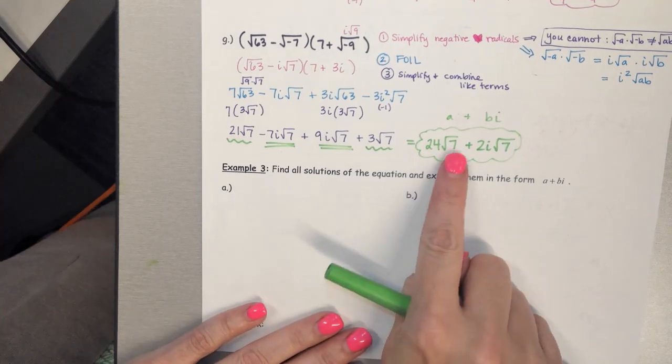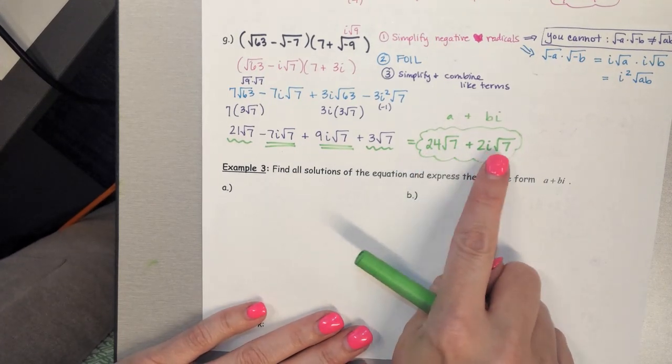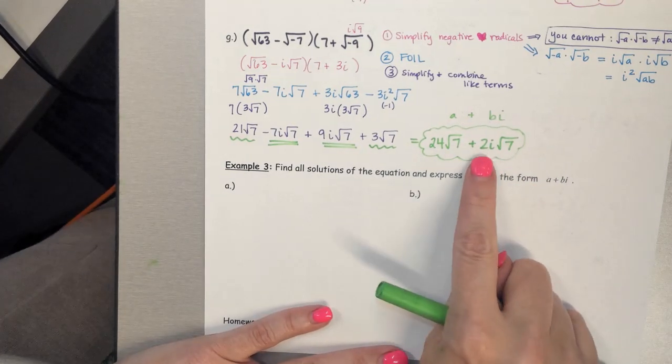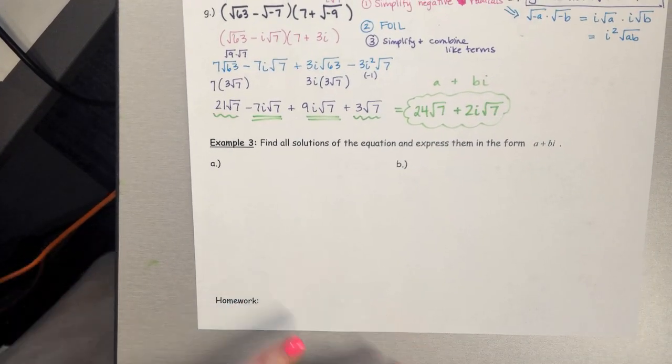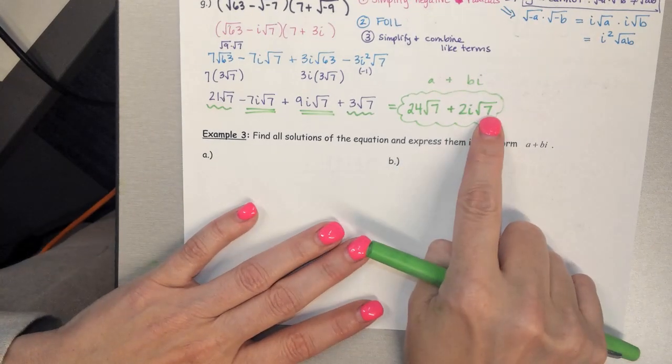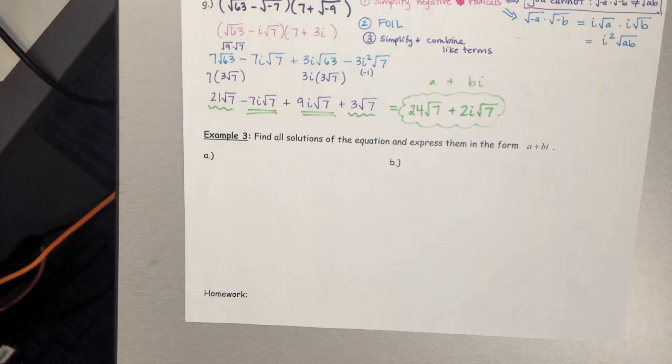So this is the real value. Okay, this is the imaginary value. And it's okay for the bi form to have that i in front. You will see the textbook does that too. It's so that nobody puts the i accidentally underneath that radical. So the i can go in front there.